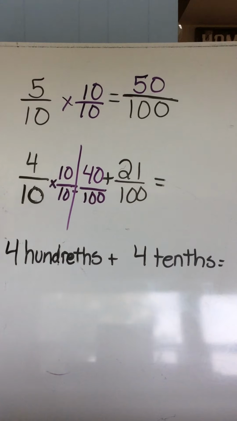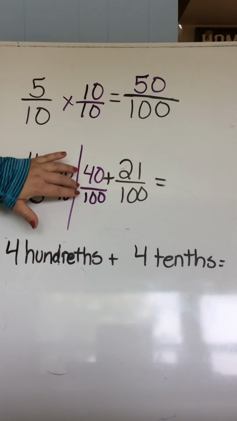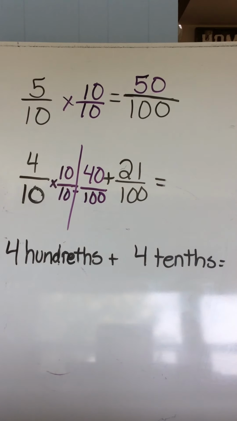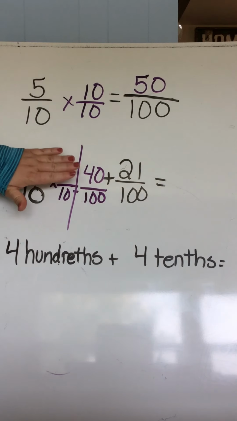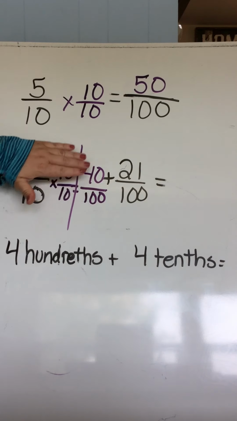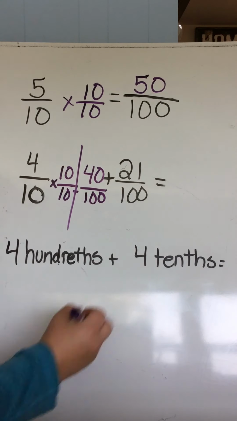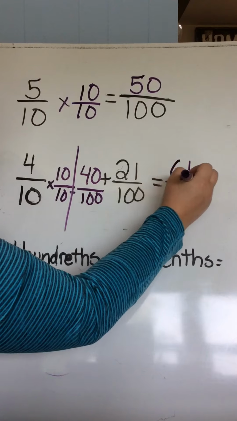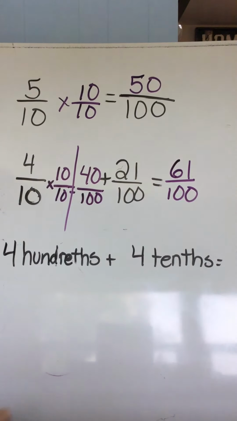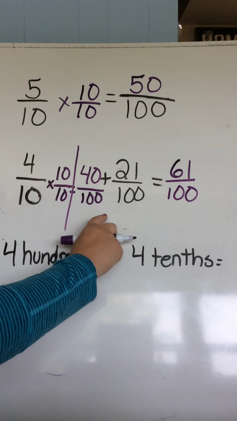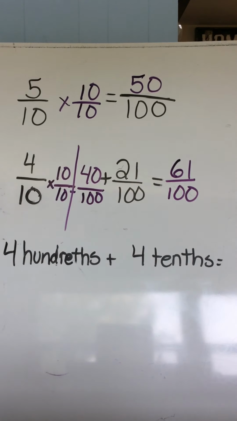So now 4/10 is equivalent to 40 100ths. So now that I have the same denominators, I can go ahead and add 40 100ths plus 21 100ths, and that's going to give me 61 100ths. Okay, remember, you have to find an equivalent fraction and they have to have the same denominators before you can add them.